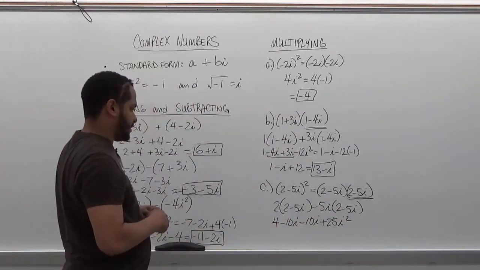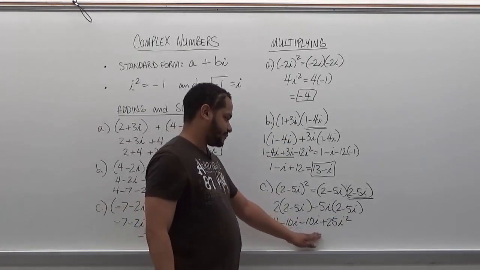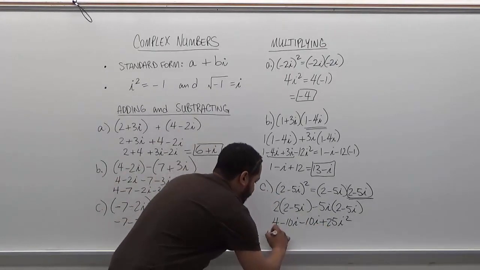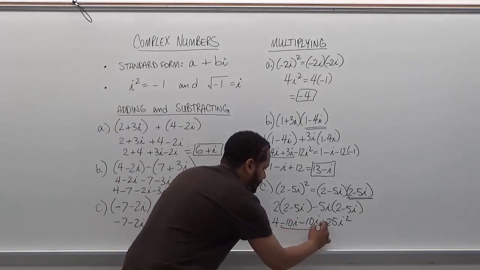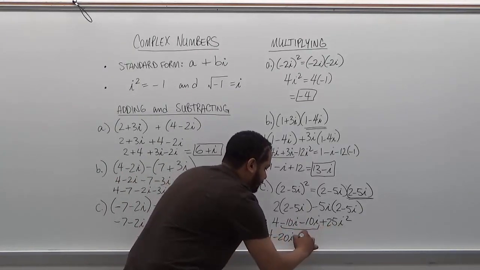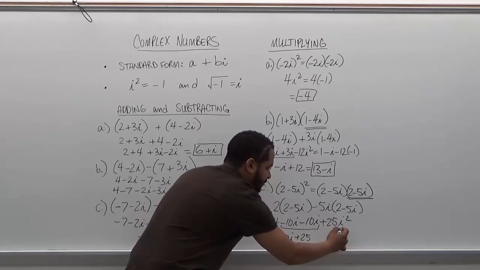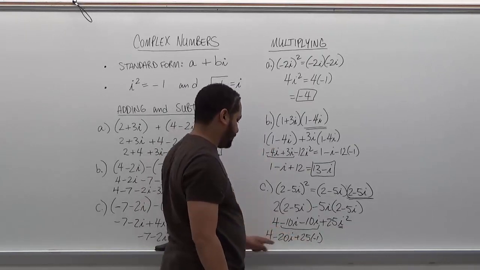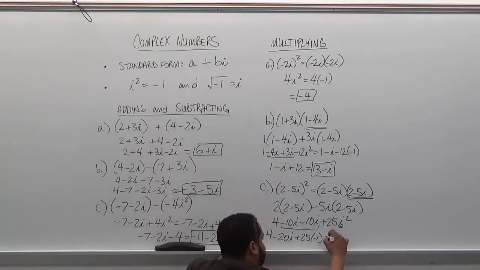So now we'll combine like terms, the 2 i terms, and we'll fix this i squared value. So we have 4, combining these 2, we get -20i, and then we have 25 i squared. Substitute the i squared value for -1, and that gives us 4 minus 20i minus 25.